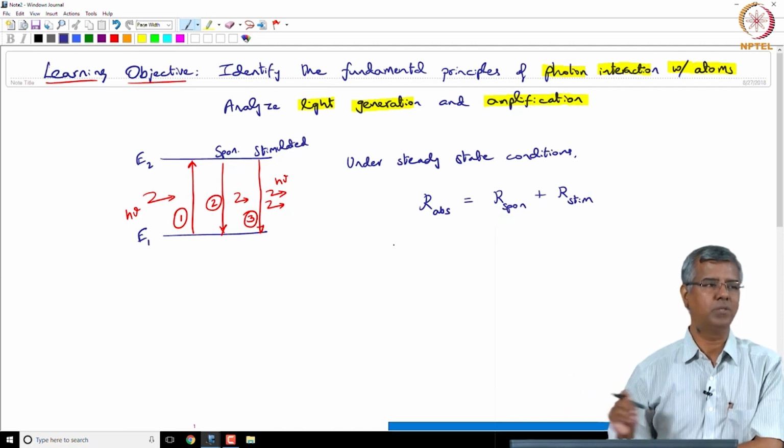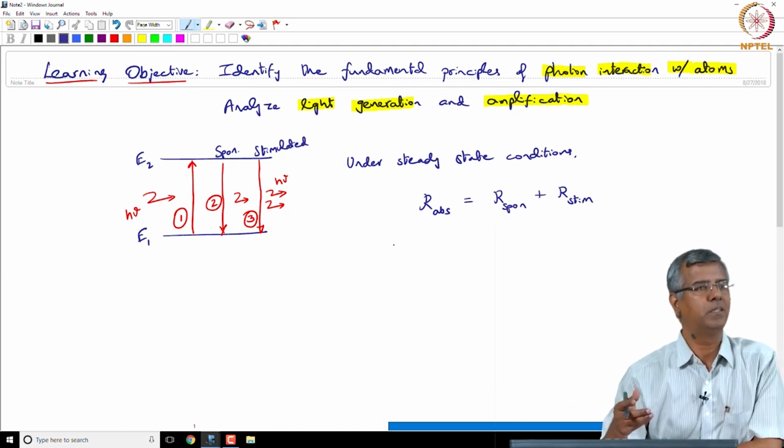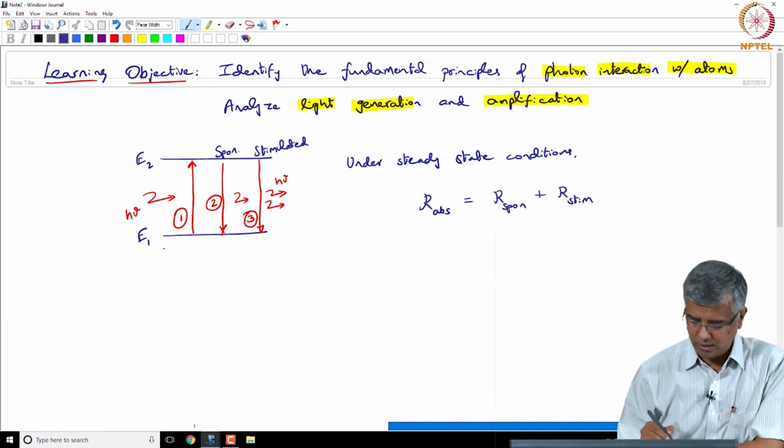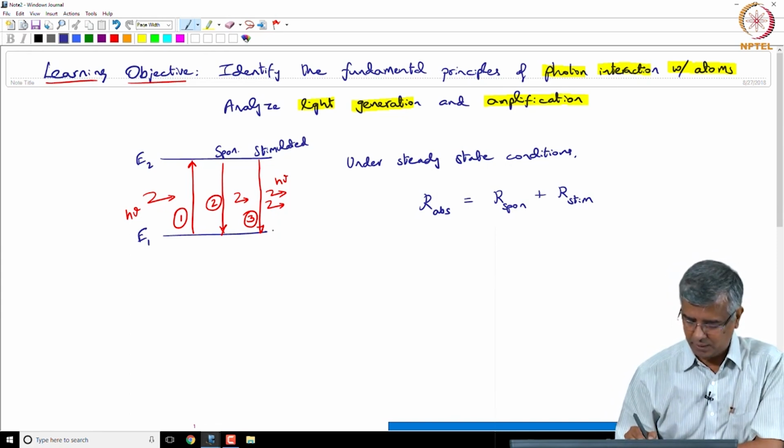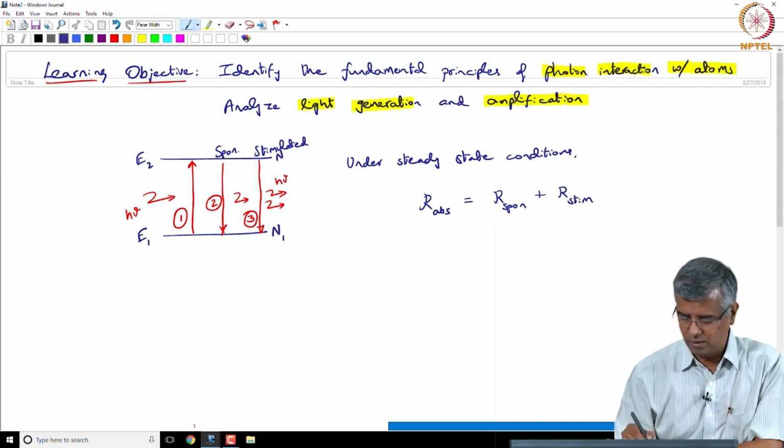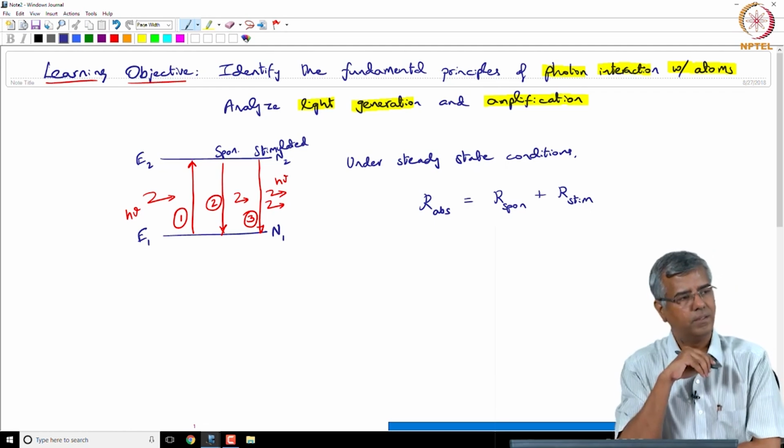If there are no atoms at energy level 1, then that absorption event cannot happen, right. So, let us just also track the number density of atoms in this level versus this level.